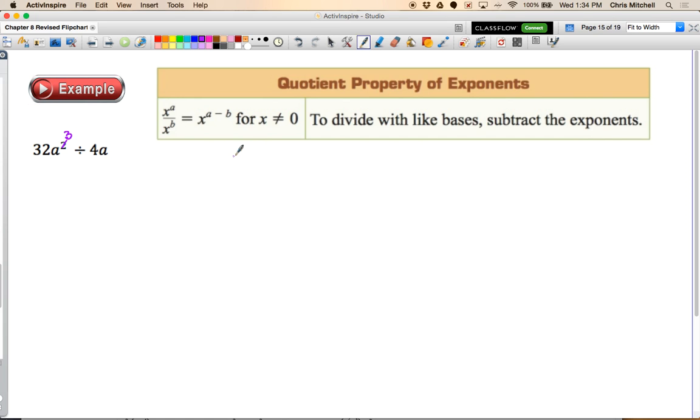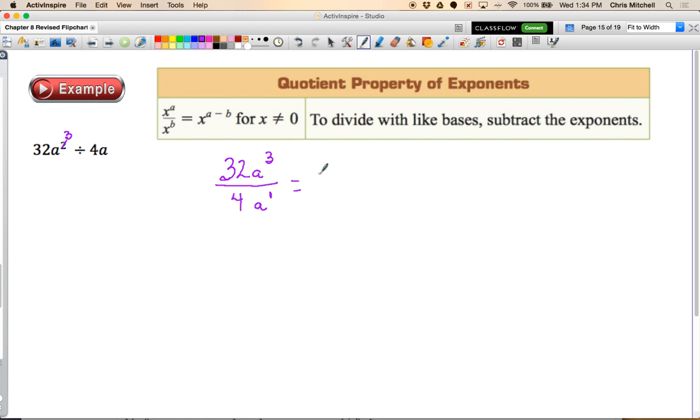So I want you to rewrite it like this: 32a to the third divided by 4a. When you don't have an exponent with your a, assume that it's 1. So let's go ahead and do our division.